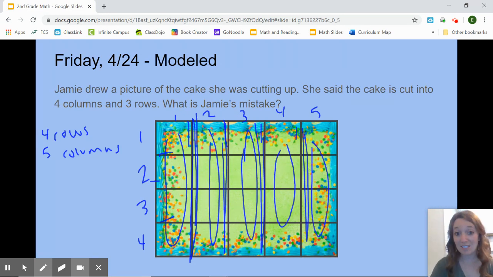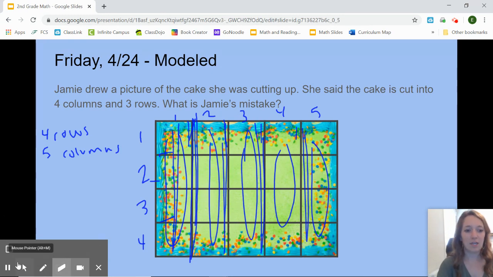That's a misconception. That's something that a lot of people might think, is that they count the number of lines instead of the actual column, the space between the lines. So we count the actual cake instead of the lines that you cut it into. So Jamie's mistake is that she was counting the lines and not the actual rows and columns.